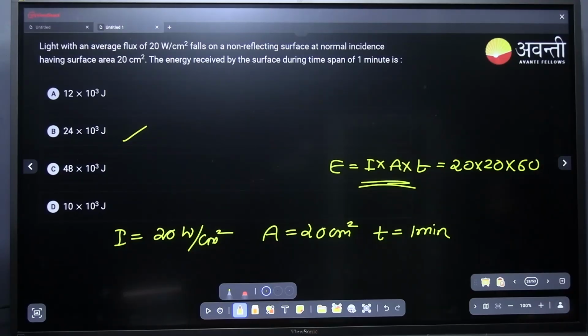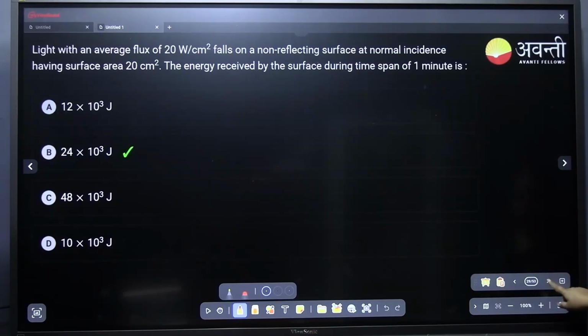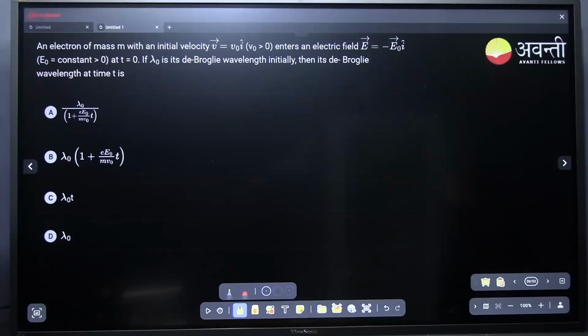Next one. An electron of mass m with an initial velocity v equal to v naught i cap enters an electric field E equal to minus E naught i cap at t equal to 0. Lambda naught is its initial de Broglie wavelength. Then what is its de Broglie wavelength at time t?